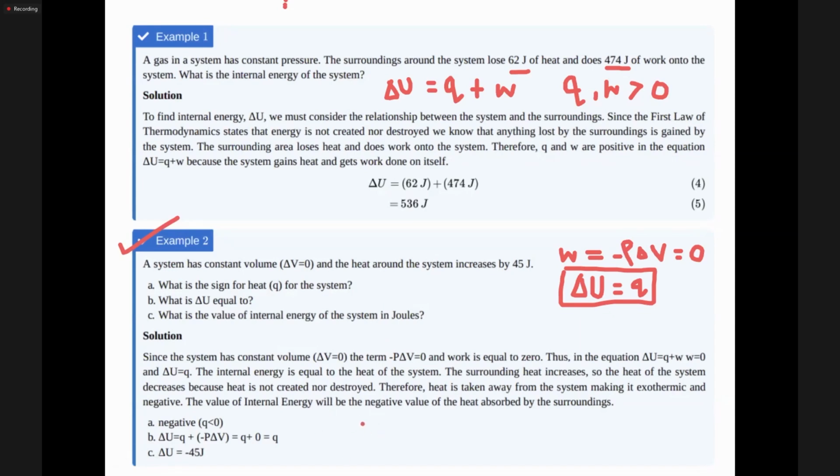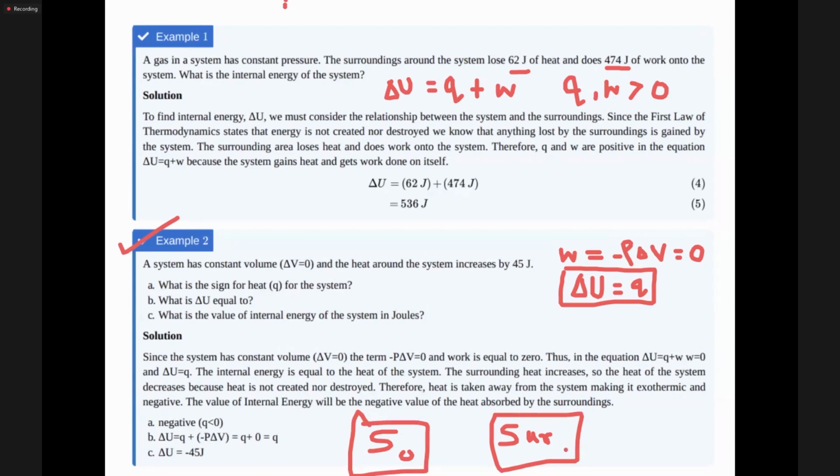The system is over here, which is termed as SYS. And it is the surrounding, that is SUR. The surroundings heat is actually getting increased by Q amount of heat, that is 45 joules.